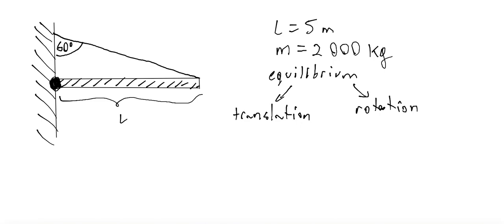It doesn't experience any torque in the clockwise or counterclockwise direction. Which means that all torques acting in clockwise direction must be balanced by all torques acting in counterclockwise direction. Okay, so what makes a torque in clockwise direction?